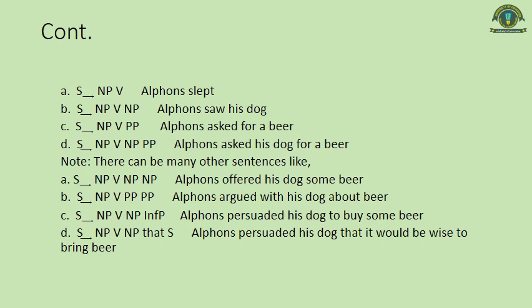And the last example, Alphonse persuaded his dog that it would be wise to bring beer. Under this, S is made up of noun phrase and verb and noun phrase, and after that is actually a relative clause, and then again a sentence.